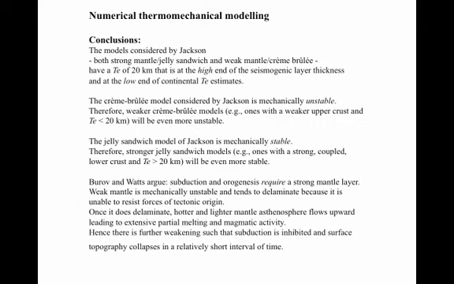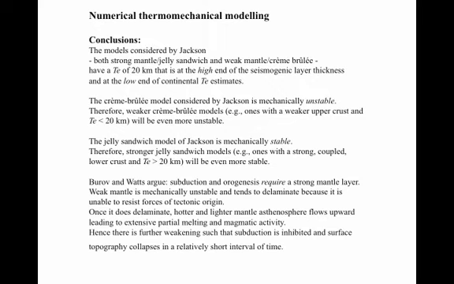The conclusions of these models that are considered by Jackson: both the strong mantle jelly sandwich model and the weak mantle creme brulee model have an elastic thickness of 20 kilometers. That's at the high end of the seismogenic layer thickness, and the low end of the continental elastic thickness estimates. The creme brulee model that's considered by Jackson is mechanically unstable.